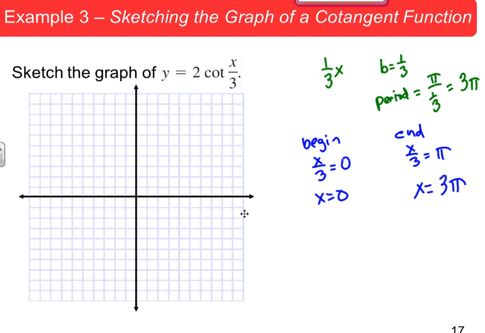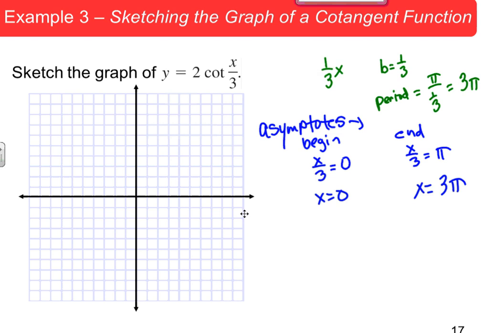Now, for cotangent, that's where asymptotes are. So our asymptotes are at our beginning and our end. So at x equals 0 and x equals 3 pi, there are asymptotes.